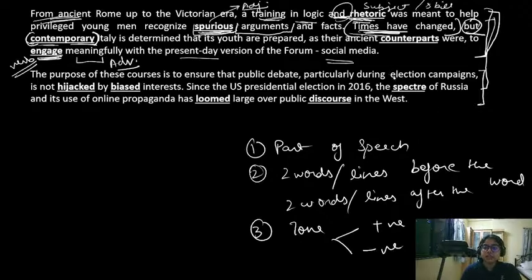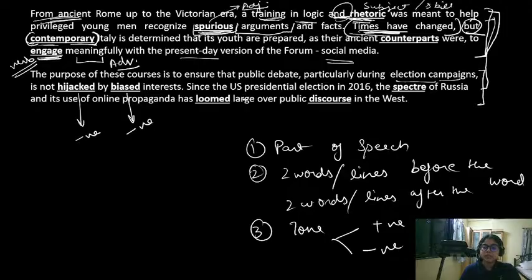Right? Now their concern is that election campaigns are not hijacked. Something like this should not happen. So obviously this word is a negative word. Not hijacked by biased interest. Again, a negative word. They don't want this scenario to happen to them.